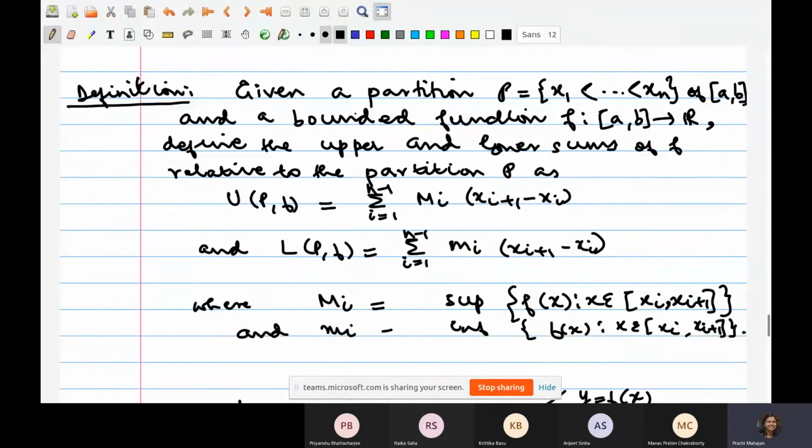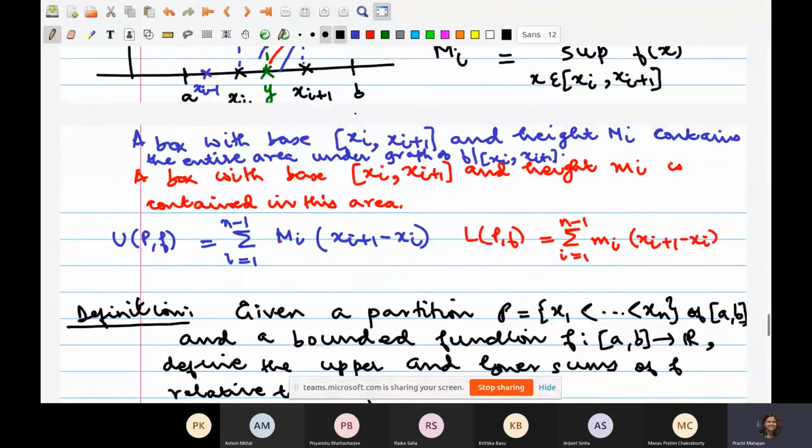The upper sum is denoted by U(P,f). This is the summation of Mi times (x_{i+1} minus x_i), where Mi is the supremum of f restricted to the ith subinterval [x_i, x_{i+1}].